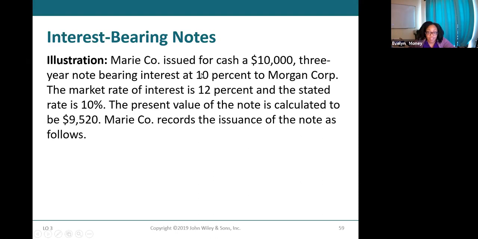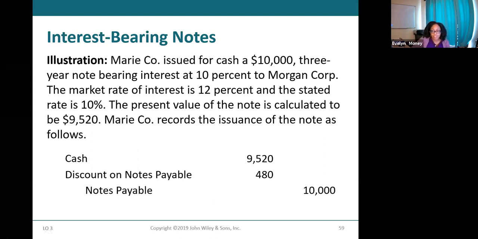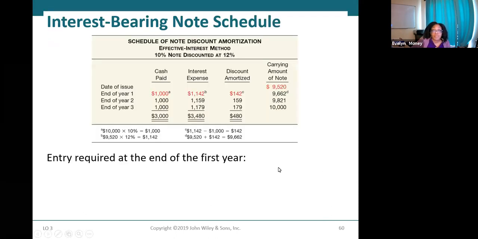Notice the market rate is higher than the stated or contract rate. The amount of cash is less than what we're going to have to pay back. So when we record this note, we're going to debit cash for the amount of cash that we're receiving. We're going to credit notes payable for the principal amount, and we debit discount on notes payable in order to make our entry balance here.